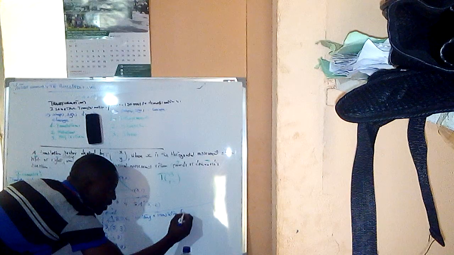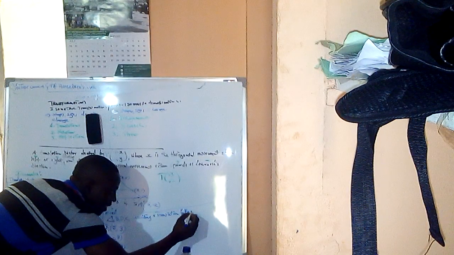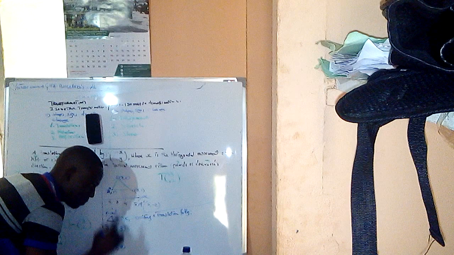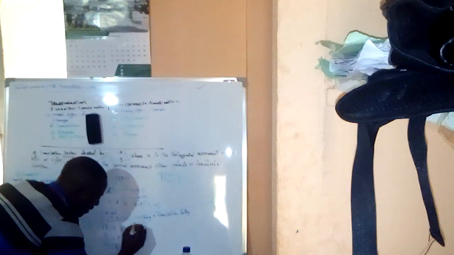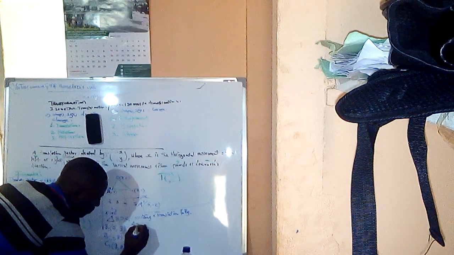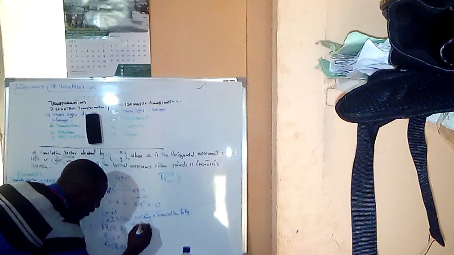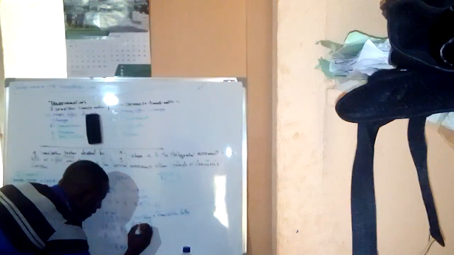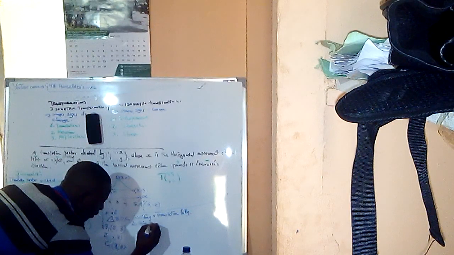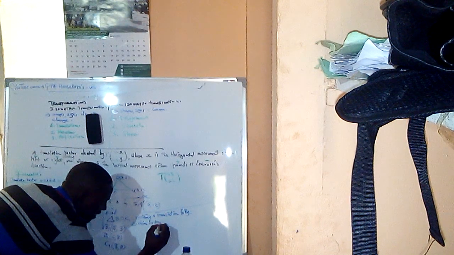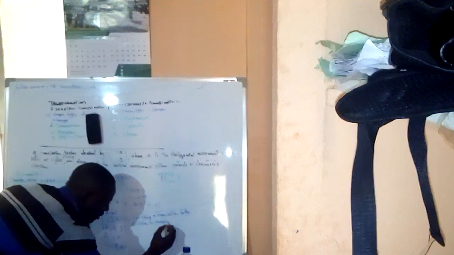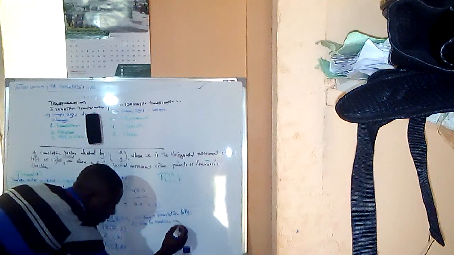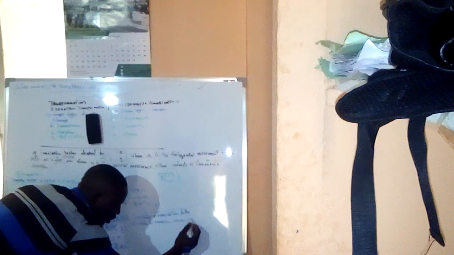A translation will be fully described if, number 1, you give its translation column vector, denoted by T.